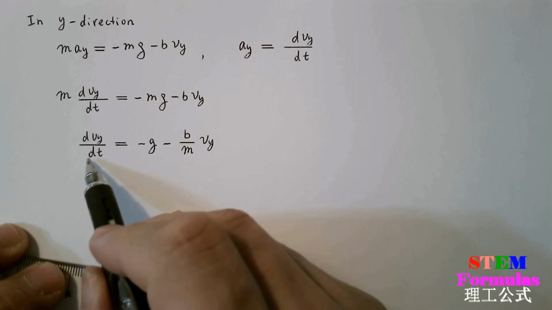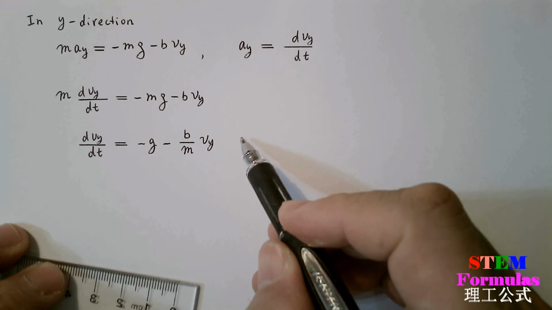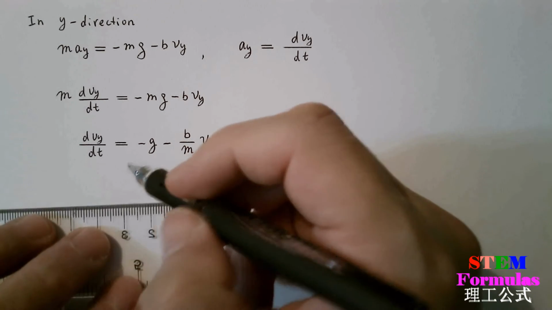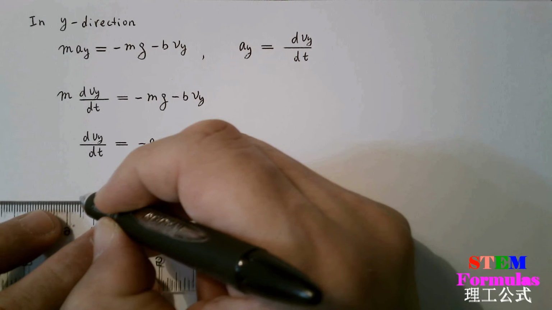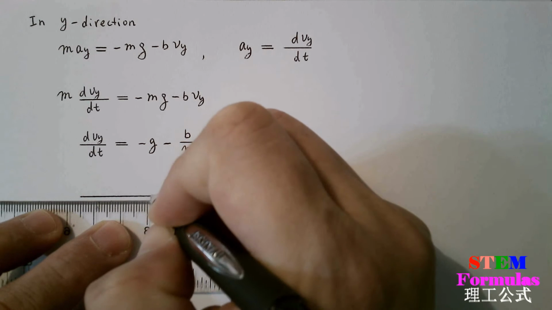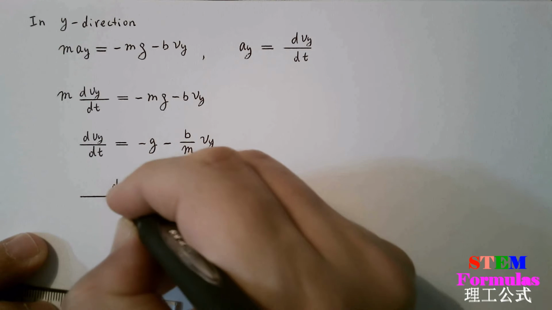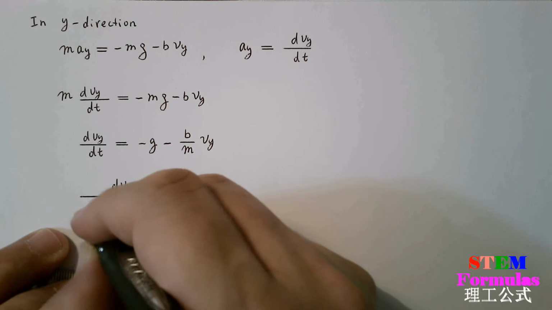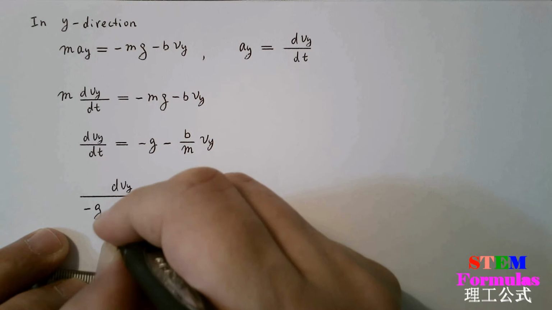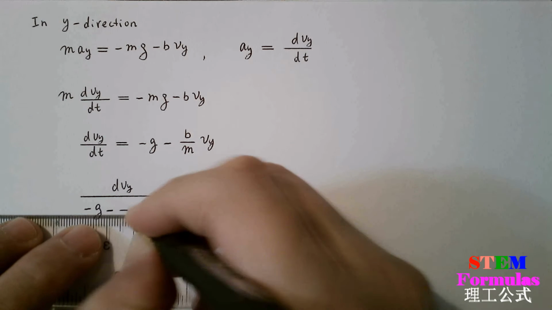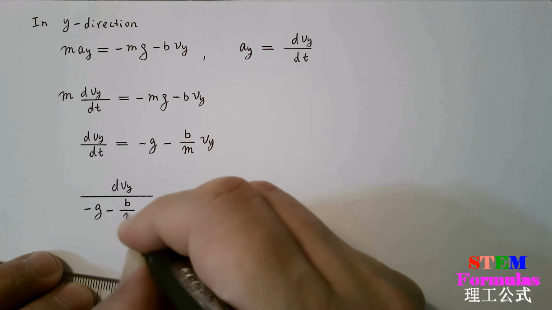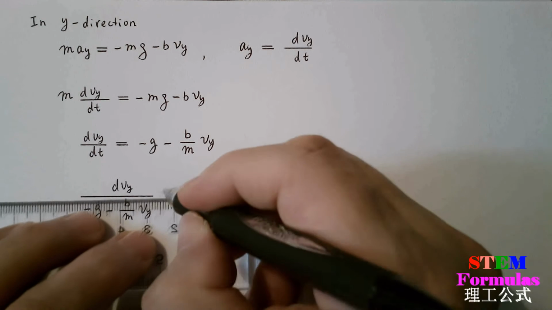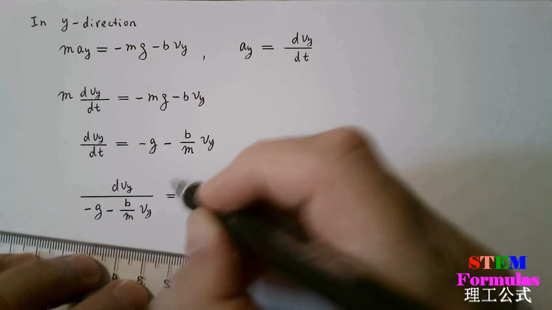We move dt to the right side, and then we move this term to the left side. So we have dvy divided by minus g minus b divided by m vy equal dt.